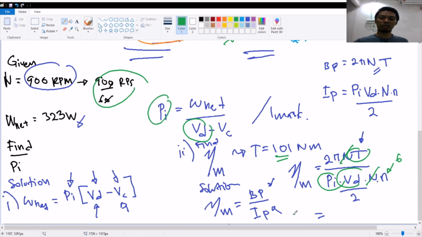Everything is there, so you can find mechanical efficiency. The question asks you to calculate it in percentage form, so you have to multiply by 100. That's it. This is 3 marks. So how generous is the question? Very generous. Everything is given.